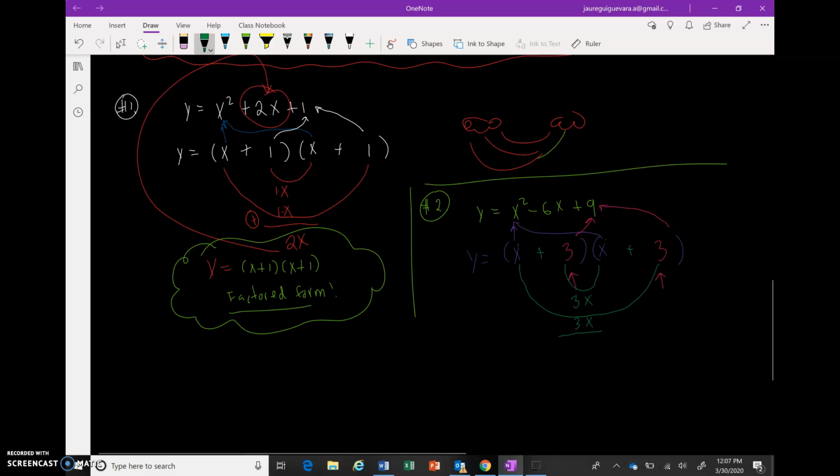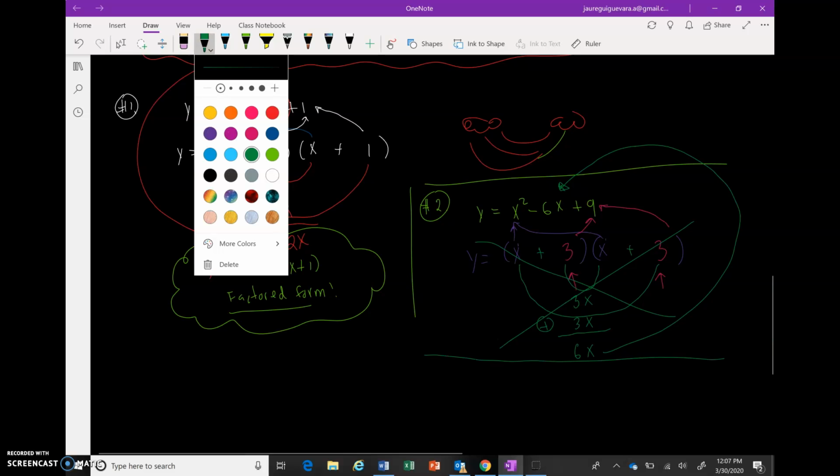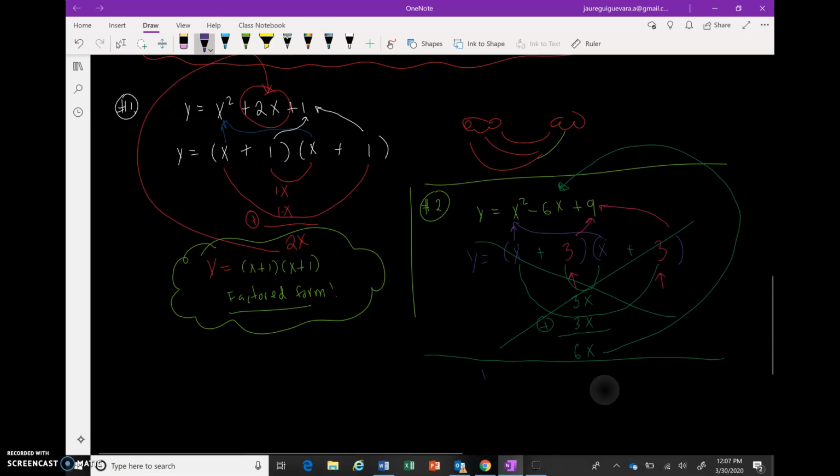If I add them up, 3x plus 3x gives me 6x. But you notice that 6x is not actually my middle term right here. So that didn't work. That means I'm going to have to go back and start again.